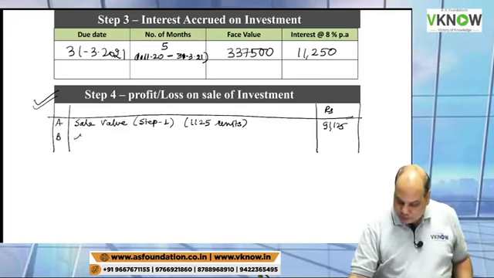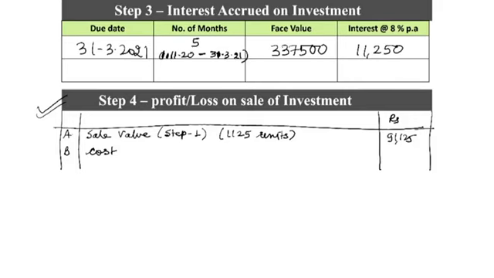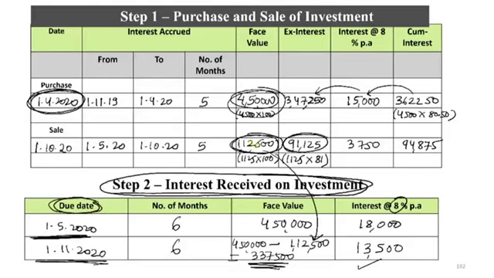Point B, cost. We have purchased only one lot, the first lot which is mentioned here, 1/4/2020, for 347,250.